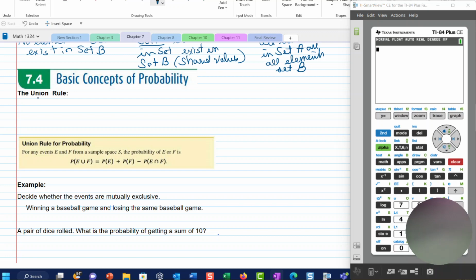And we're going to start with the union rule. And before I get to it, let's talk about our symbol representation.